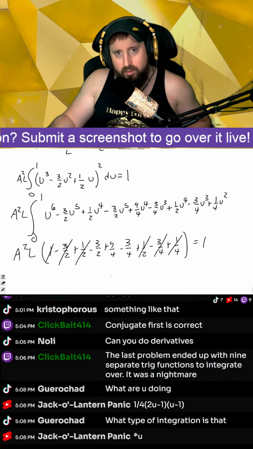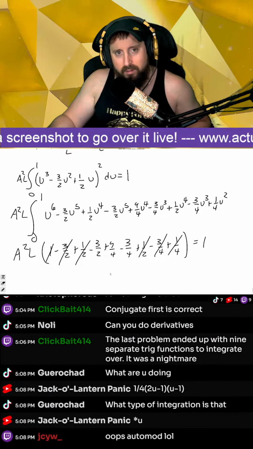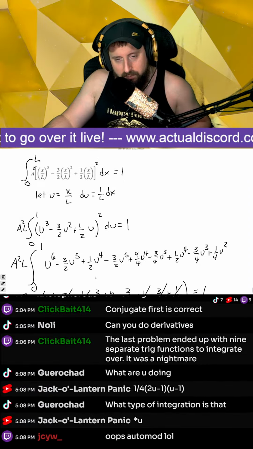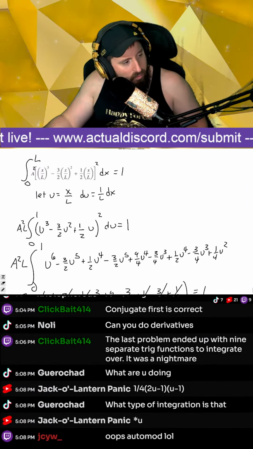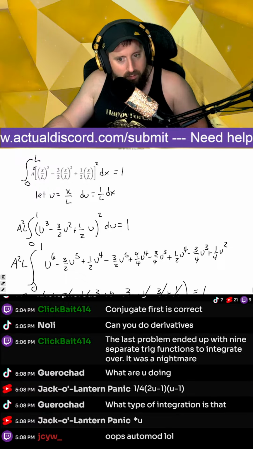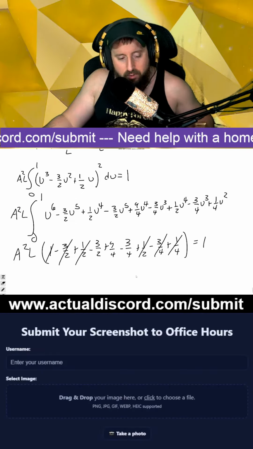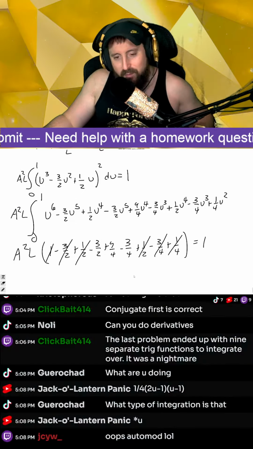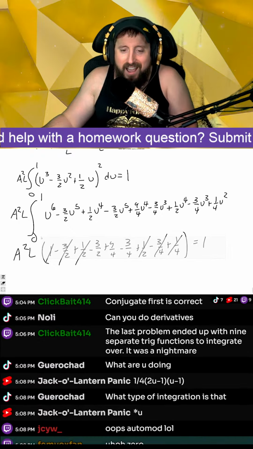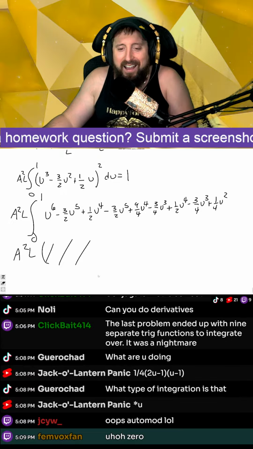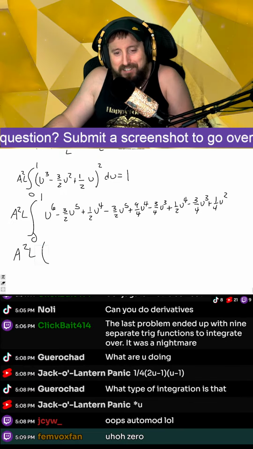One over 4, 2u minus u minus 1. Wait, where did you get that from, Jack? Oh, sorry. I didn't even do the integral yet. That's just the foiling. I just foiled. I didn't even do the integral yet.